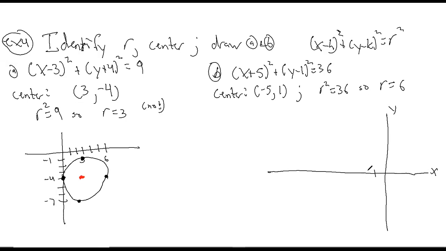So 1, 2, 3, 4, 5, 6, 7, 8, 9, 10, 11. And we'll also need positive 1 over here. So we're going left 5 and then up 1. So we'll need a height of 1. We'll also need a height of up to 7, and a height of negative 5.